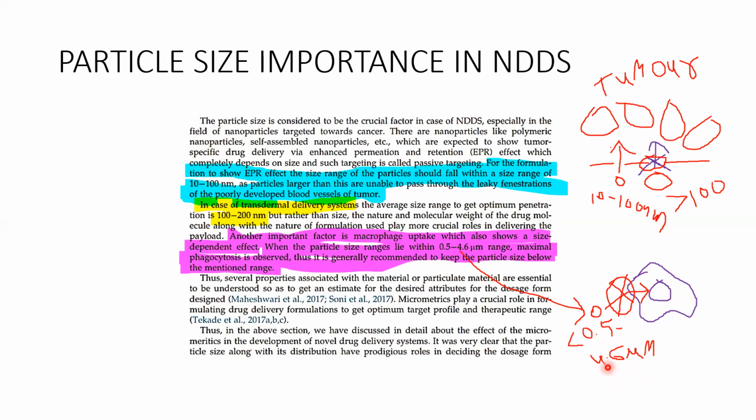Then only the particle will escape from the phagocyte. If it is more than 5 micrometer, the nanoparticle will easily be entrapped by the phagocytes, leading to immediate clearance of nanoparticles. So this is the importance of particle size. Okay, thank you.